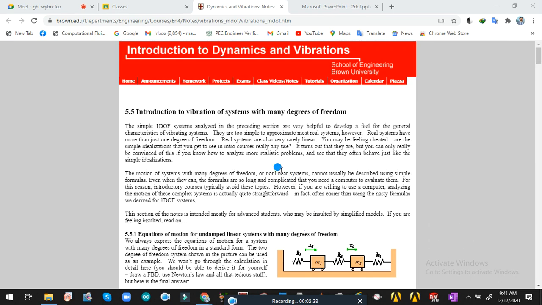Now, the question is why we need to study the multiple degrees of freedom system? Because in case of single degree of freedom system, we have solved certain cases for the undamped cases and damped cases as well.